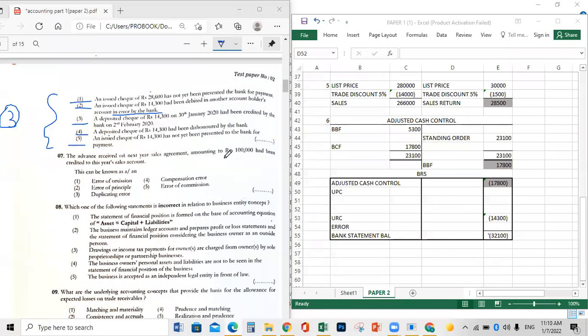The advance received on next year sales agreement amounting to 100,000 had been credited to this year's sales account. This can be known as what type of error?